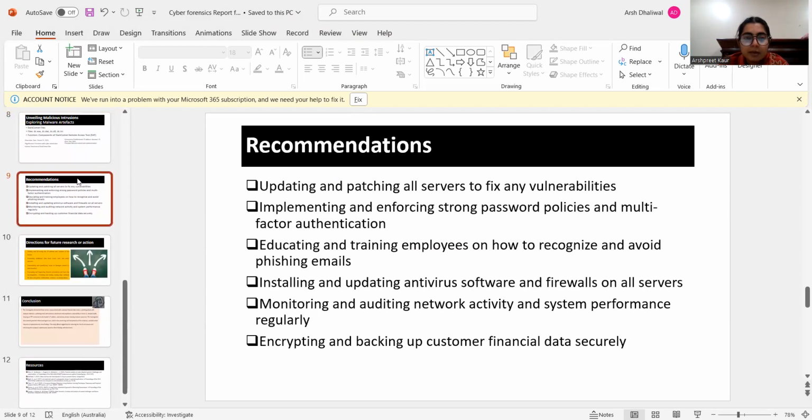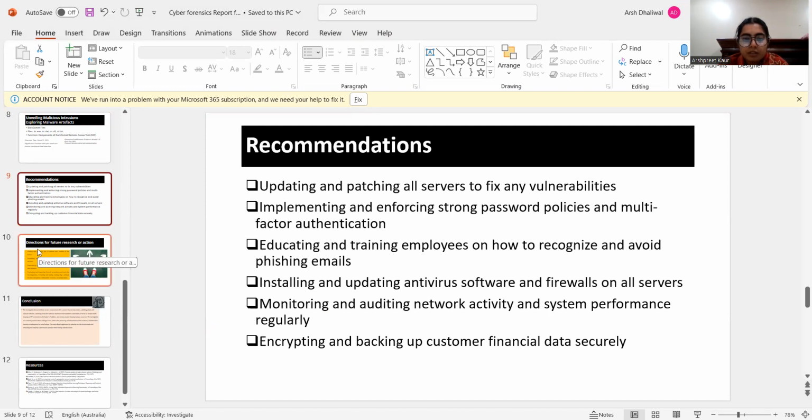The next slide is about the recommendations: updating and patching all the servers to fix the vulnerability, enforcing strong password policies and multi-factor authentication, education and training on how to recognize and avoid phishing mails, installing and updating antivirus software and firewalls, monitoring and auditing the network activity and system performance regularly, and encrypting and backing up the customer financial data securely.